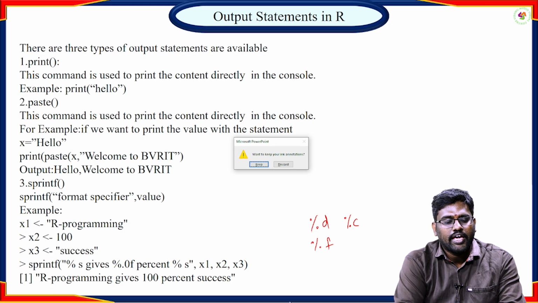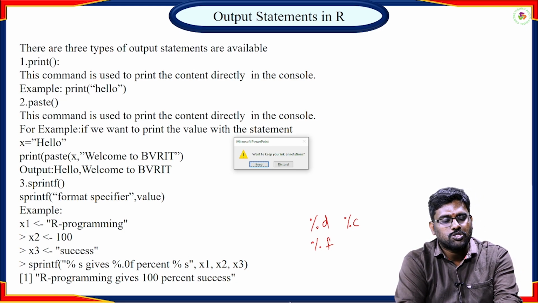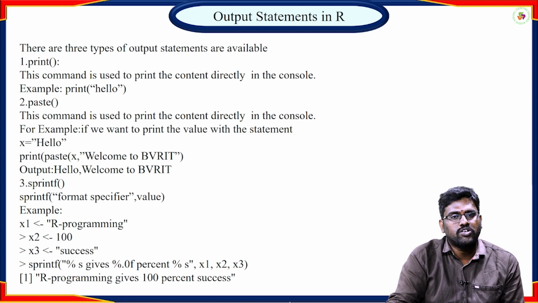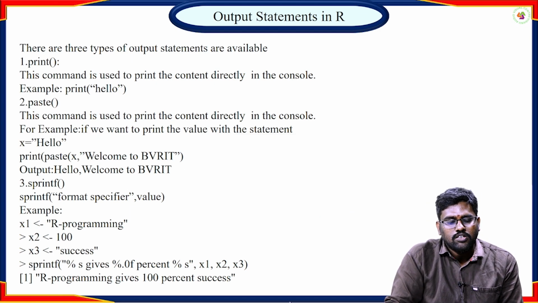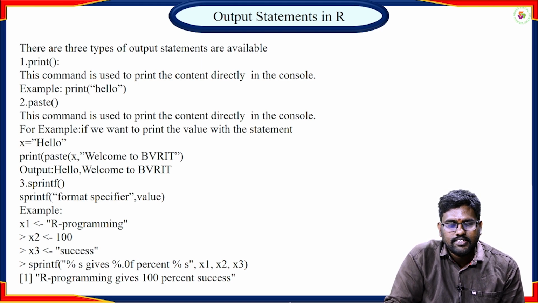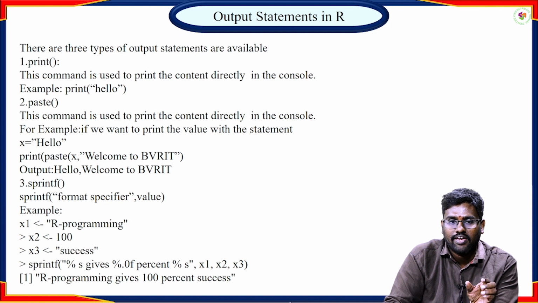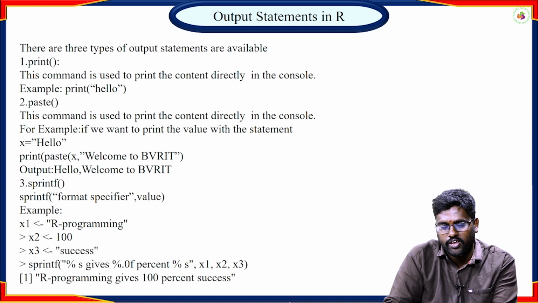Now here I give x1 as R programming, x2 value is 100, and x3 is success. So I give sprintf with three percent placeholders. The first percent belongs to the x1 variable, and then %.0f, which means they take the given numbering format, and the last percent belongs to x3.